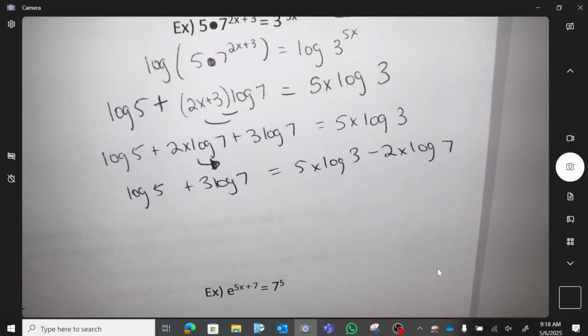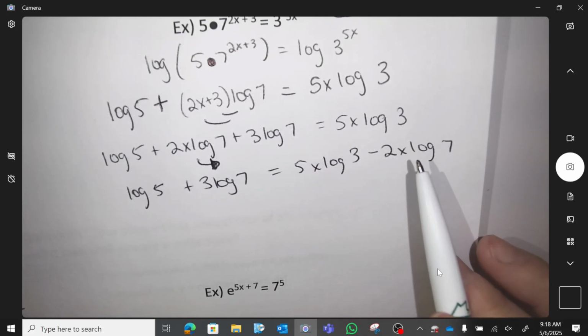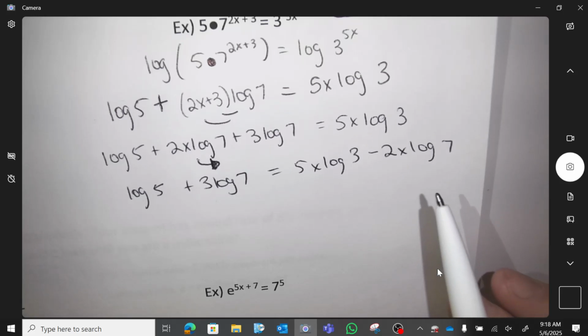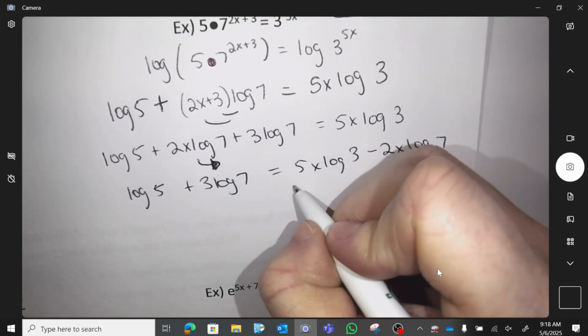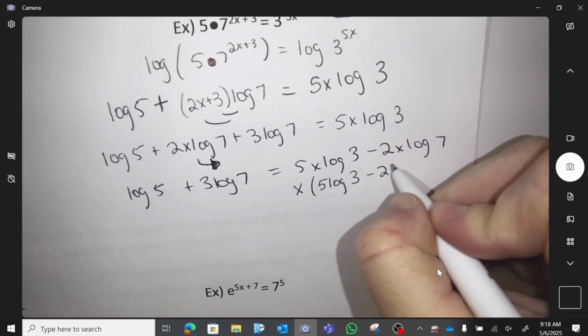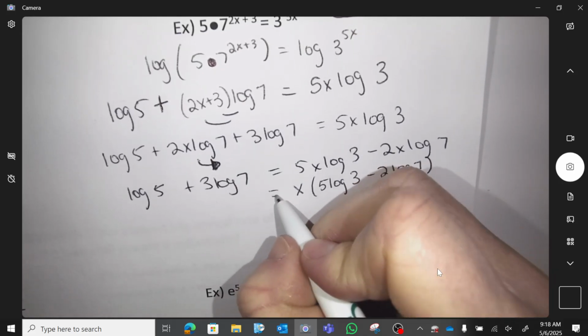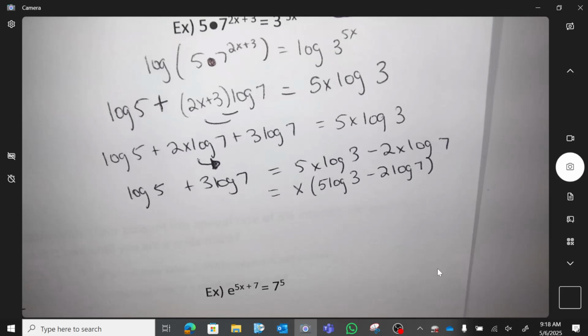Okay, now what I would do here is I would GCF the x out of this. So x, okay, and it would equal that side.